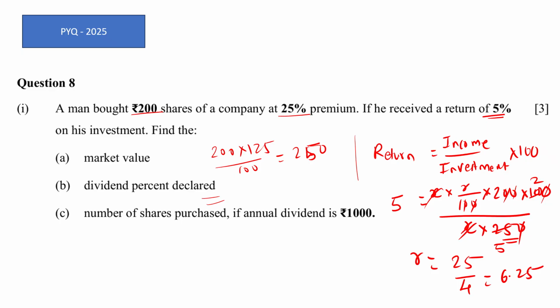Now third is the number of shares purchased if the dividend is 1000 rupees. 1000, number of shares assume X, rate of dividend 6.25, and your NAV value will be rupees 200.